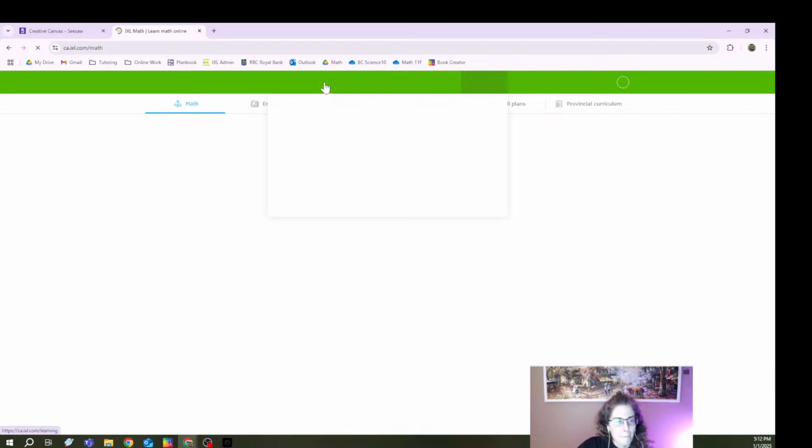Okay, let's try this one. Alright, we have solve using elimination. So, how do we solve a system of equations when we have two linear equations?